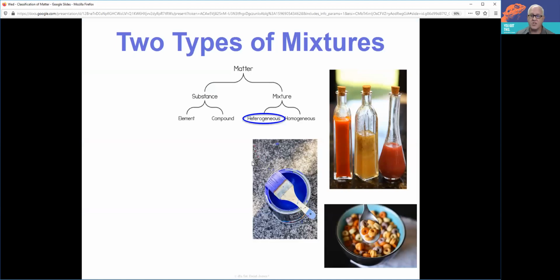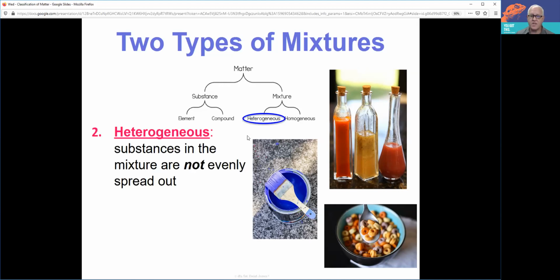Then there are mixtures. So we've talked about matter and substances, which have elements and compounds. And now we're going to talk about mixtures. And the first mixture is what is known as heterogeneous. In a heterogeneous mixture, substances are not evenly spread out.